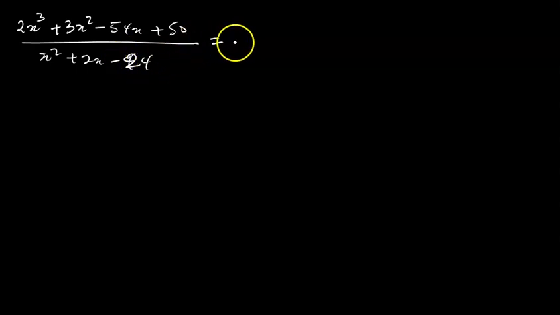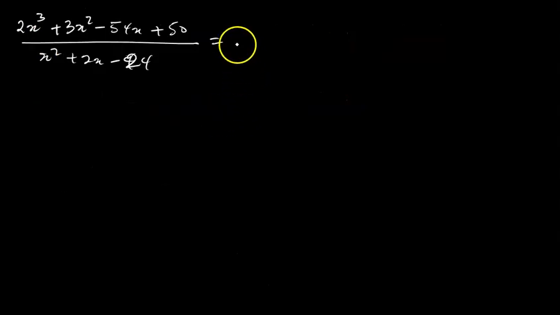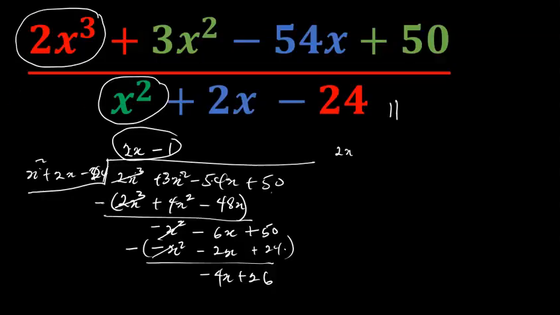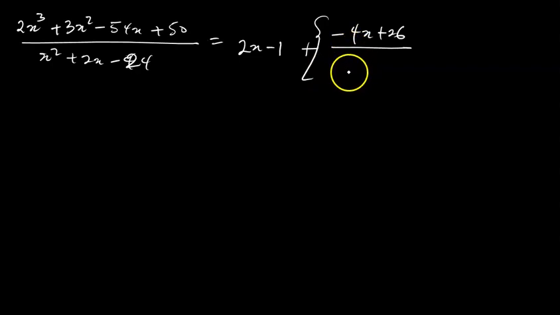I can interpret it from my results to mean 2x minus 1 plus minus 4x plus 26 over x squared plus 2x minus 24.